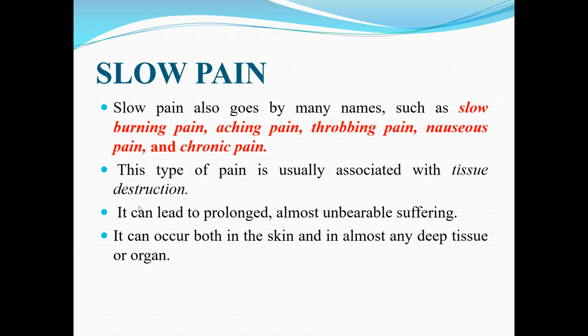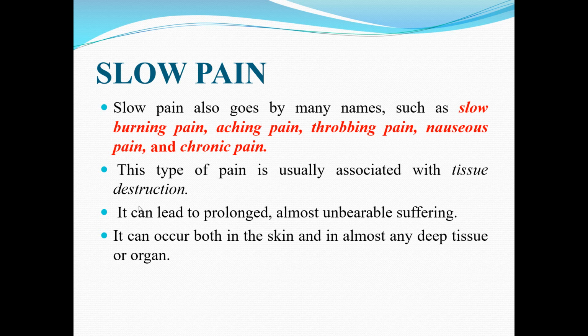Now, what is the slow pain? Slow pain is perceived by the slow pain fibers. They are long acting and mostly activated by chemical stimuli in the deeper tissues, and it is a slow burning type of pain. It is an aching type. It is always there, it comes and goes. It is nauseous.